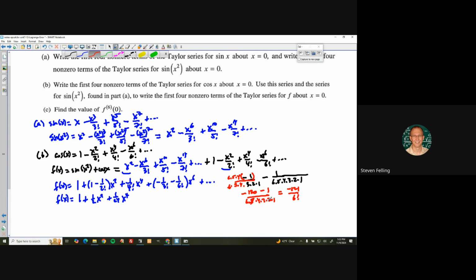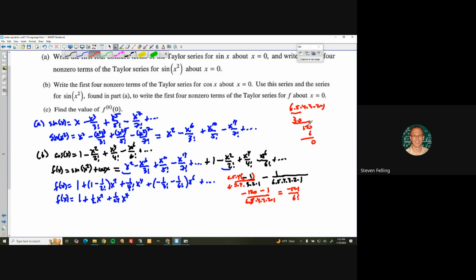I guess we can figure out what this is too. Is that going to be helpful? Yeah, let's do it. So what is that? 6 times 5 times 4 times 3 times 2 times 1. So this is 30, and 30 times 4 is 120. And then 3 times 2 is 6. Let's just do a 6 times this.